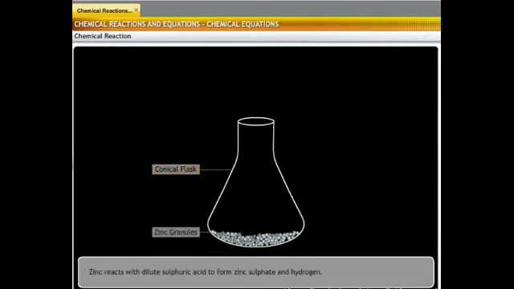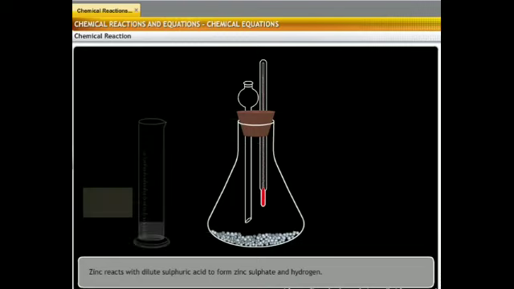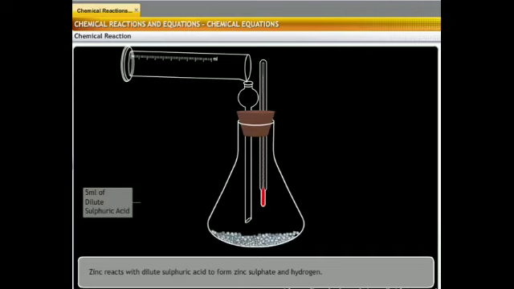In this we have taken a conical flask. It is sealed with a rubber cork and fitted with a thermometer. We also fitted a funnel by which we can add dilute sulfuric acid to this zinc granule.